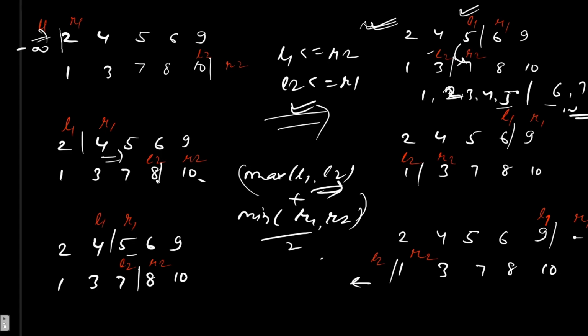But what if the length of the array is of odd size? In that case we can't keep an equal number of elements on both sides. So either we keep the minimum on the left side and the maximum on the right side. As we are keeping the maximum on the left side, we have to consider the maximum of L1 and L2.